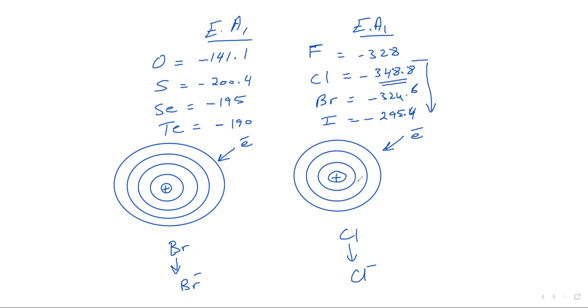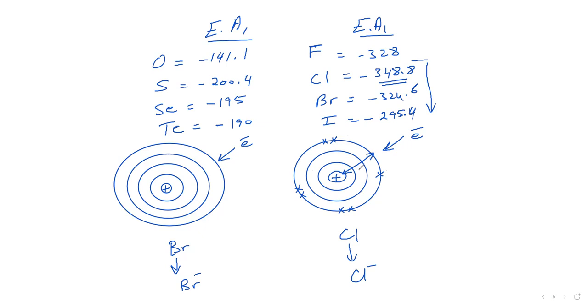Yes, excellent. Because of the distance between the nucleus and the outer shell at which the electron is going to enter. Whether it is chlorine or bromine, it has 7 electrons in the outermost shell, isn't it? And so this electron wants to come here and join the other 7 electrons of the chlorine atom.